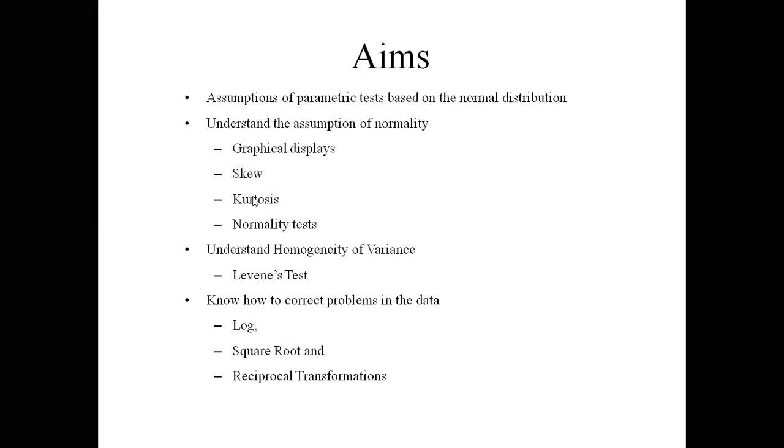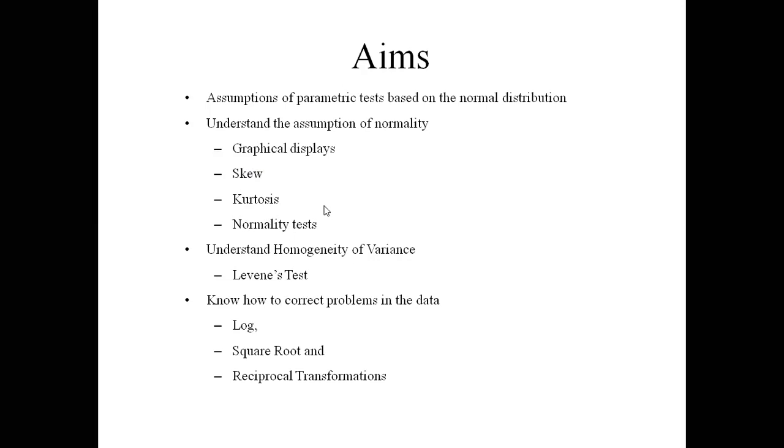If values of skewness and kurtosis are between -1 and +1, then we can say our data is normal. And the third way is the normality test, KS or Shapiro test. So there are three methods to identify the normality of the data: one is through graph, second is values of skewness and kurtosis, and third is the normality test.